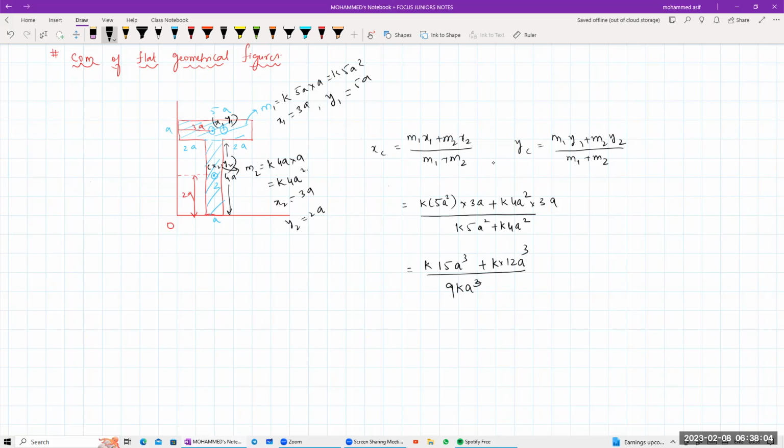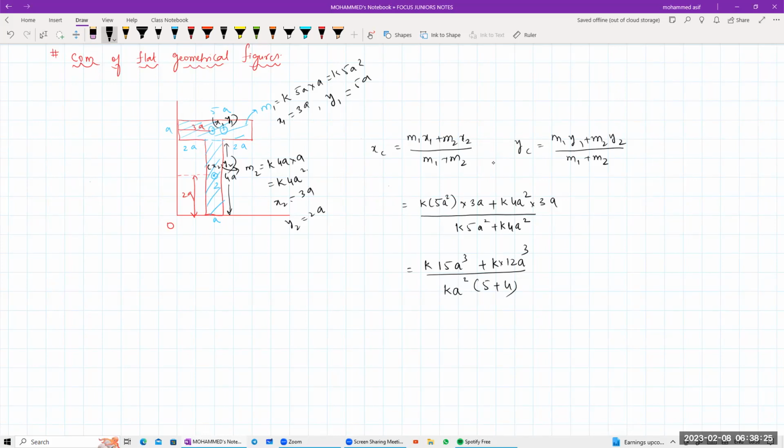ठीक है ना, because this one is 5a square है ना ये, sorry. So this will be equal to k, a square common into 5 plus 4.